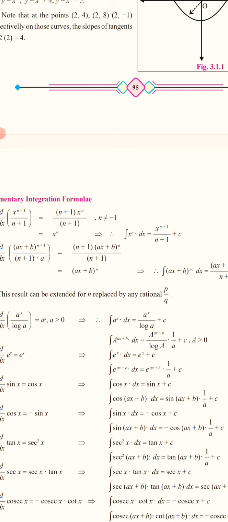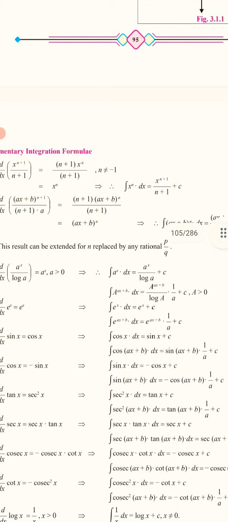Integration of sin x dx is equal to minus cos x plus c. Integration of sin of ax plus b dx is equal to minus cos of ax plus b into 1 upon a plus c. Integration of sec square x dx is equal to tan x plus c.